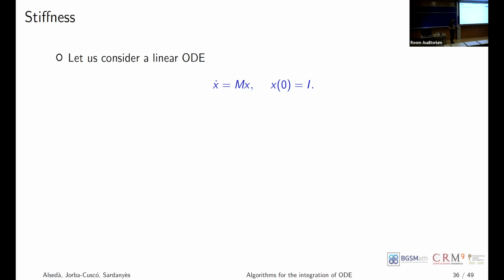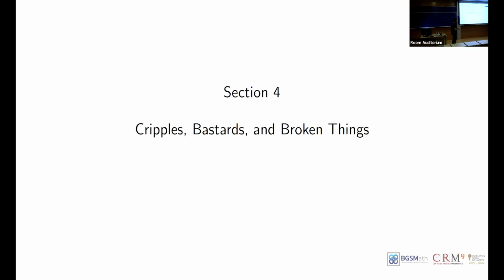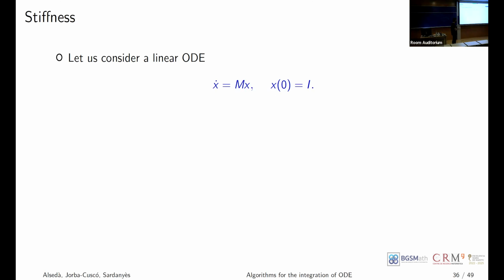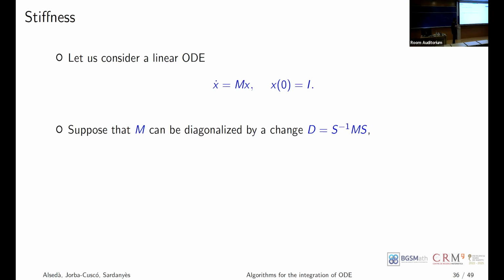So what a stiff equation is can be understood with a linear equation. Imagine we have a linear equation with whatever the initial condition is. And we look at the eigenvalues of the whole spectrum of the matrix, and do a change of variables to put everything in diagonal form.